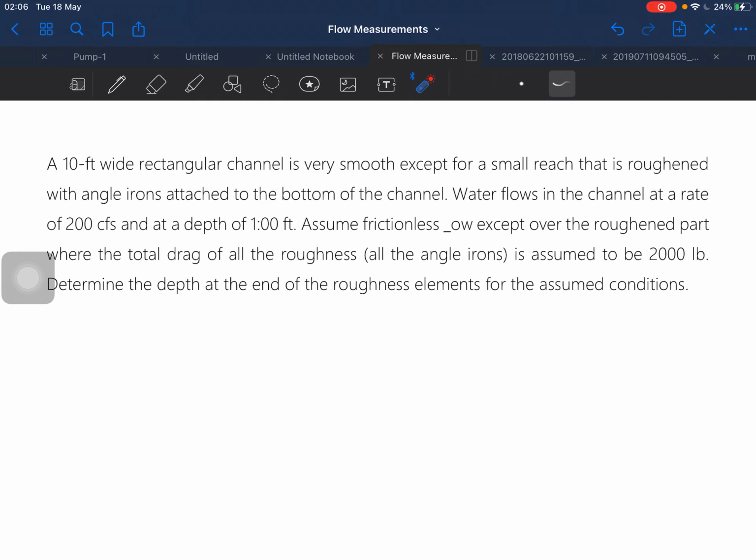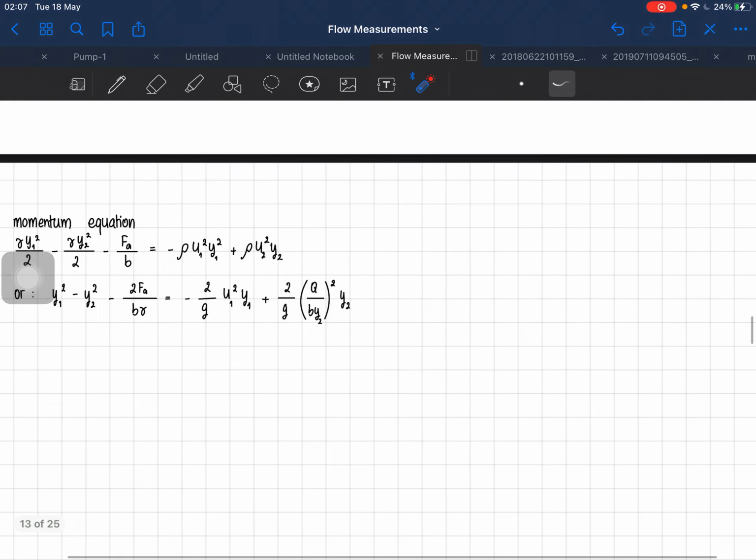Yes, and we also know the velocity, which is the flow rate, right? Yeah, the flow rate is 2,200 cubic feet per second. Okay, so now let's substitute everything that we know.